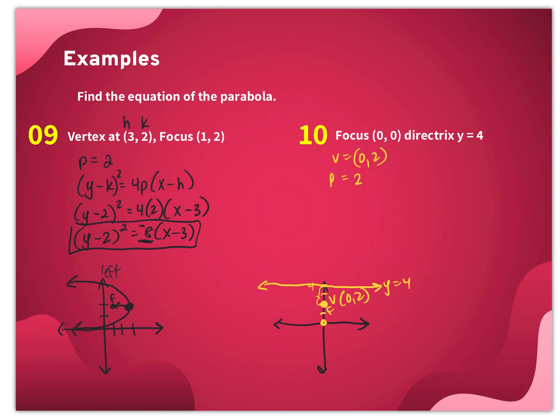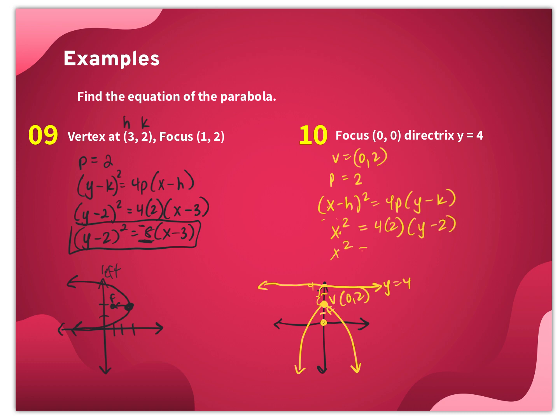And then again, if my focus and directrix are there, then I know it's an x squared graph where a is negative. So again, I'm ready to do my work here. Remember, it's x minus h squared equals 4p times y minus k. And I know here I've got x is 0, so it's just x squared. So x squared equals 4 times 2, and this is y minus 2.